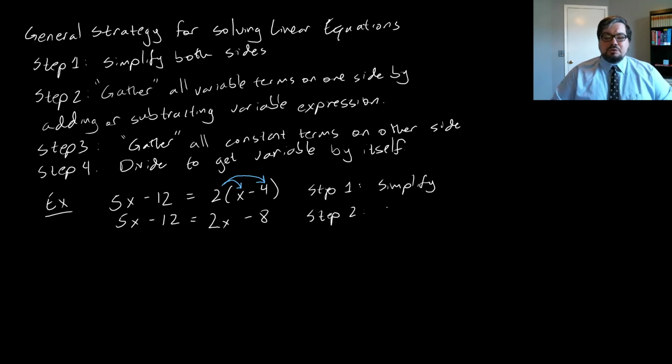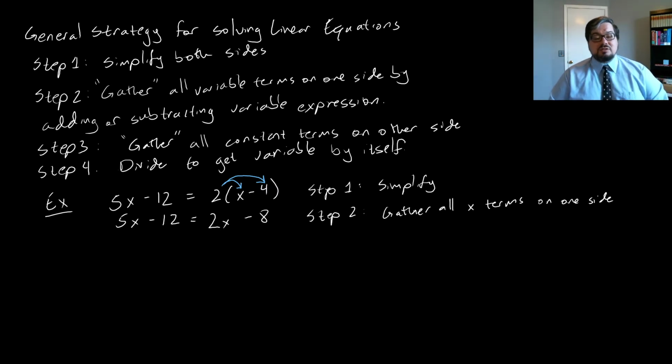Now step 2 is we're going to gather all x terms, in this case x because we're dealing with the variable x, on one side. So we can do this one of two ways actually. We can try and gather all the x's on the left by eliminating the 2x on the right, by subtracting 2x from both sides.